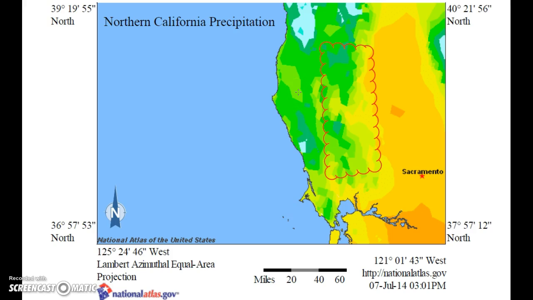When they hit the mountain range, they rise, they cool, they condense. The moisture in them condenses and is deposited on the windward side of the mountains, leaving the leeward side of the mountains, the side that's not facing the wind, dry because the precipitation has been dumped on the western side.